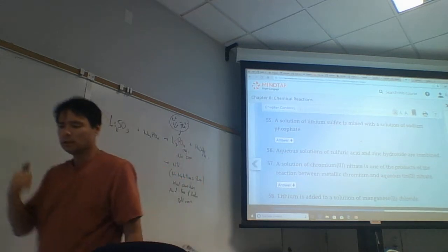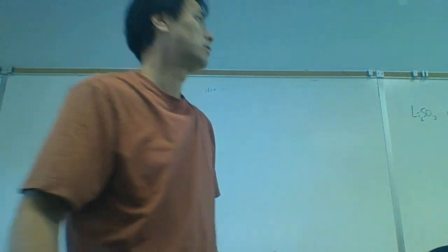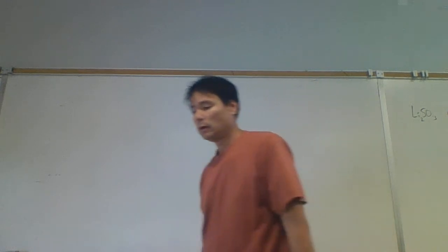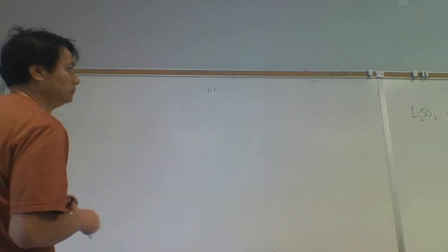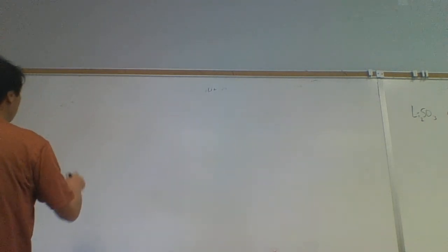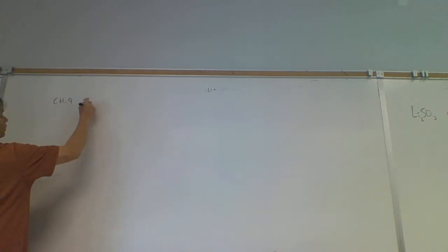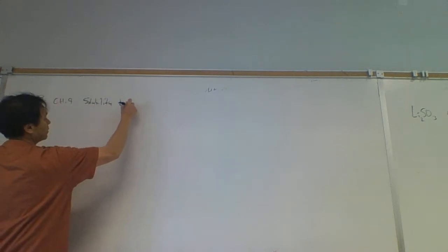When we consider these reactions, we look at the major species in solutions. What we're going to do is look at the major species present. And so this is some of chapter 9, which deals with solubility and electrolyte properties.